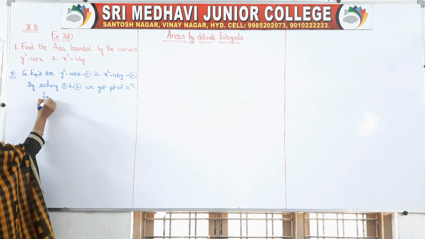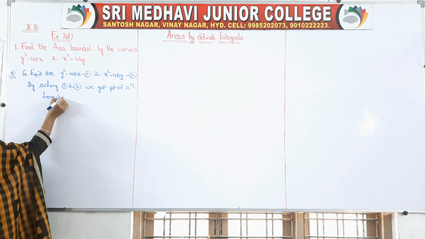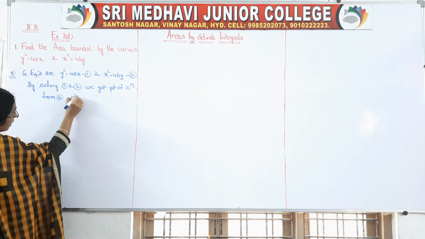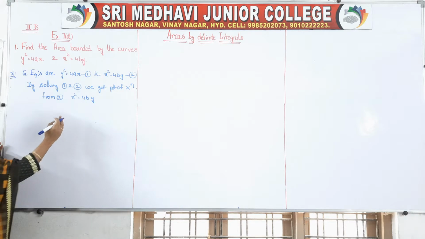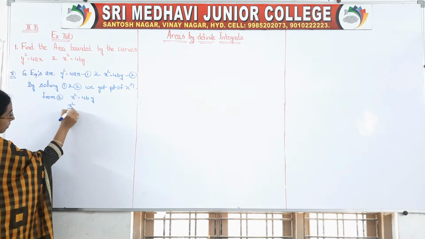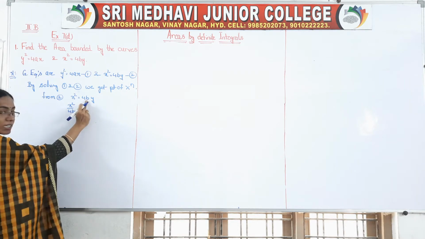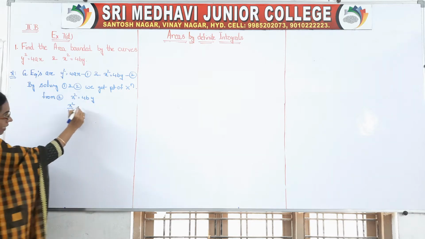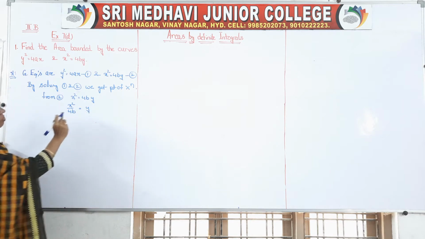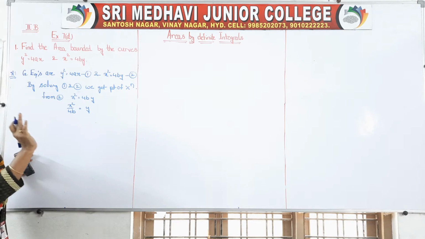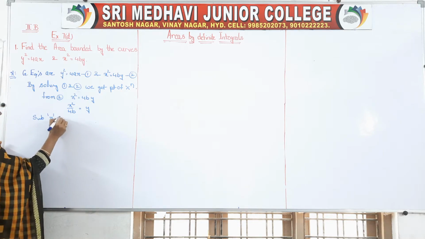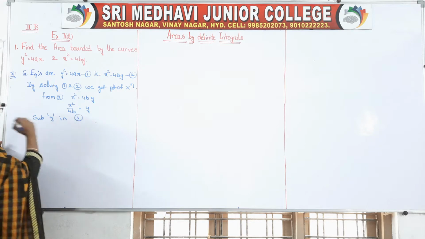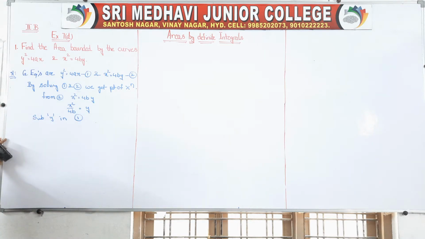From 2, observe, what is your equation? x square is equal to 4by. Then what is your y? Send that 4b this side, here it is multiplying, if you send this side it will divide. So x square by 4b is equal to y. Now substitute this y in the first equation.